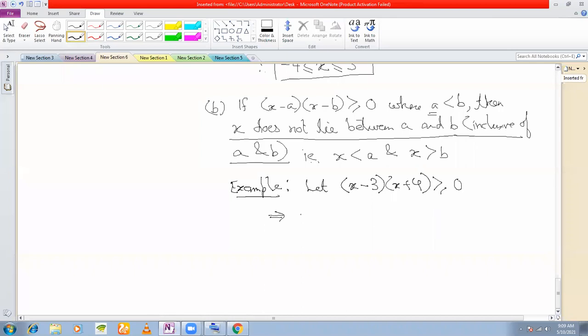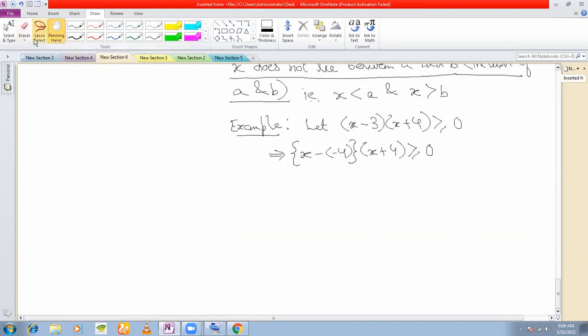Again you can write this as (x - (-4))(x - 3) greater than or equal to 0.